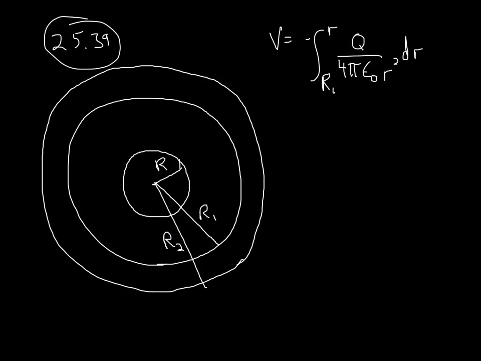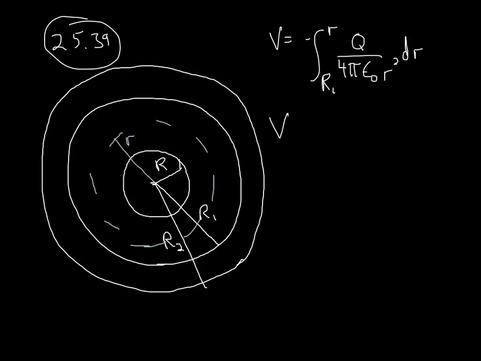So the integral we are left with solving is V equals the negative integral from R1 to r of Q over 4 pi epsilon naught r squared. We can take our constants outside of this integral, and remember again that we're solving for this particular Gaussian surface that's between the sphere that's in the middle and the spherical shell.